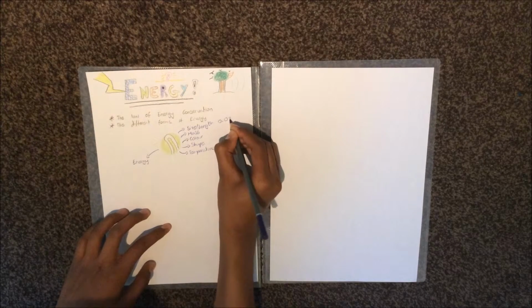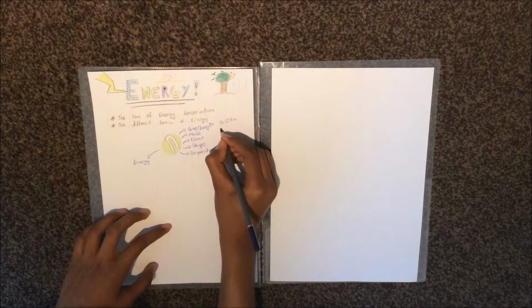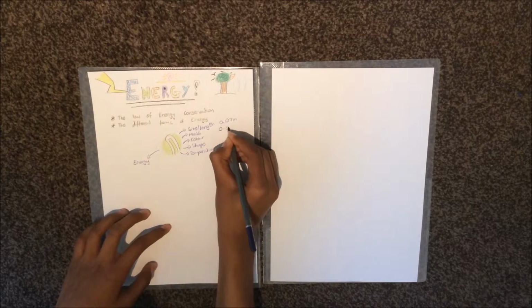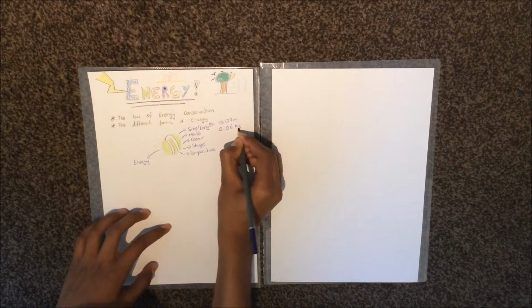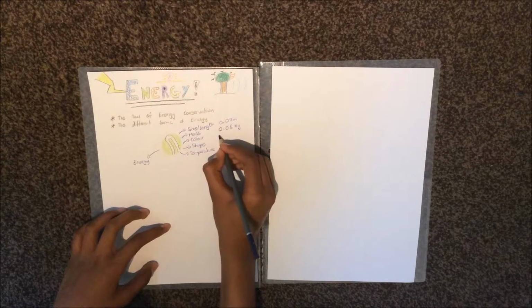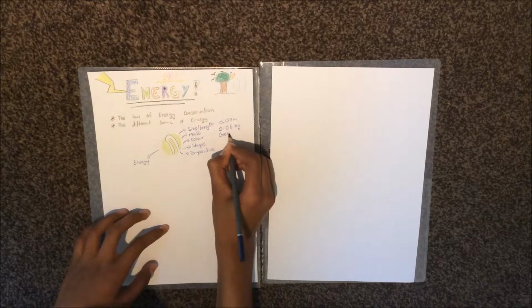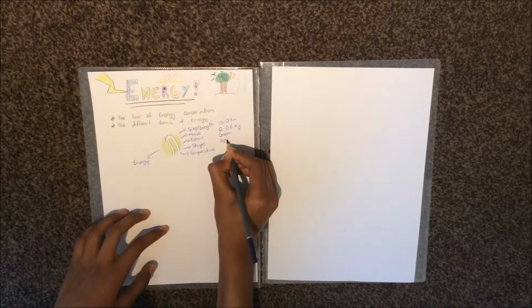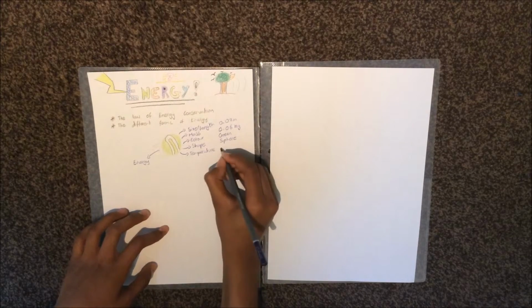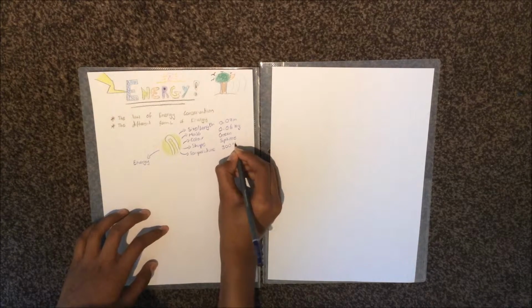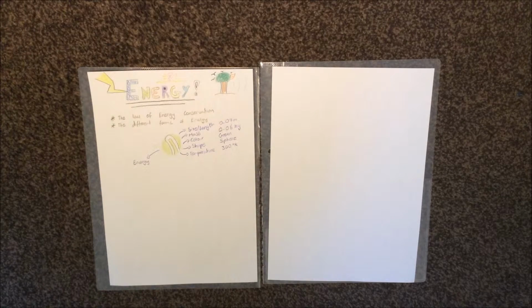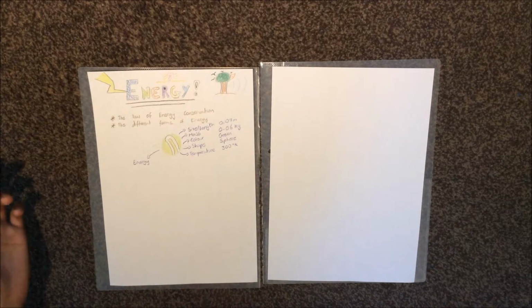Length will be measured in meters, so we'll have 0.07 meters, and mass will be like 0.06 kilograms. The color will be green. The shape will be a sphere. The temperature will be about 300 degrees Kelvin.